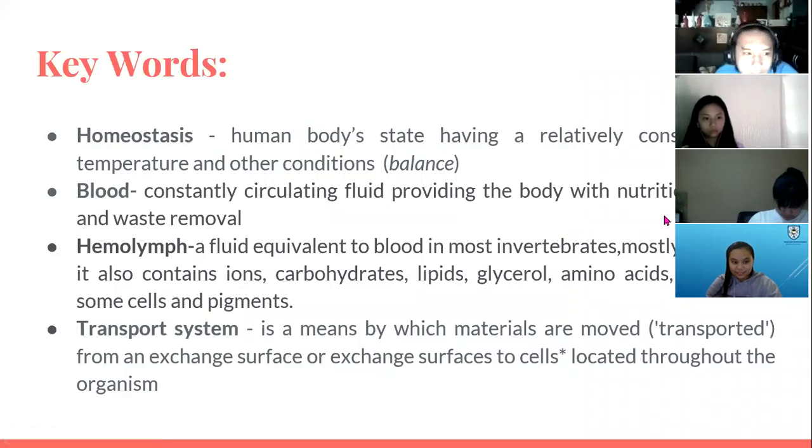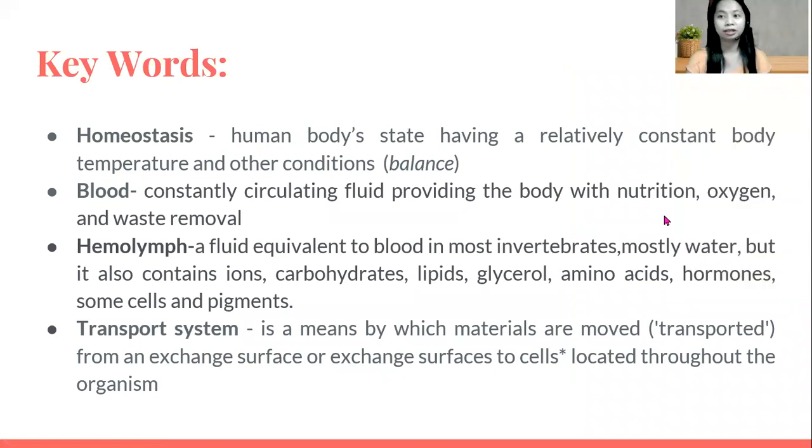So let us first give the keywords that we are about to encounter this morning. First, we have homeostasis. It is the human body state of having a relatively constant body temperature and other conditions. It is also related to having a balance inside our body.